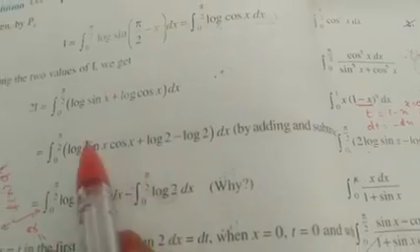Now you can simplify this. If you have log of 2 sin x cos x, what we can do is multiply and divide by 2, which is the same as adding and subtracting log 2. Multiplying and dividing by 2 is also correct.